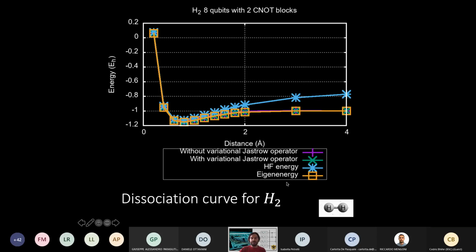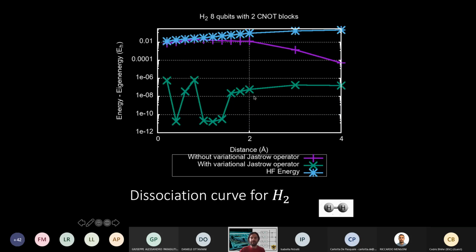Okay, so this is an example. From here you cannot distinguish the quality of this wave function, of course, because they all look quite the same. Here you can distinguish the quality.